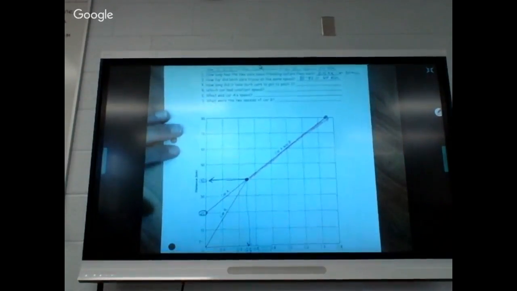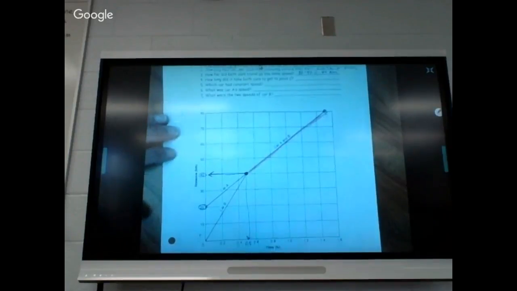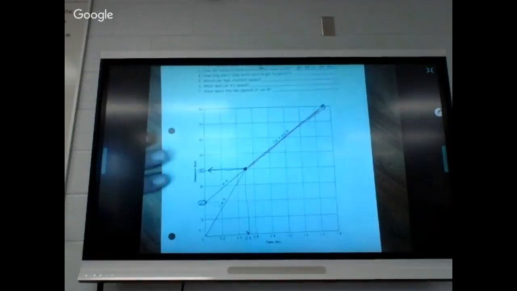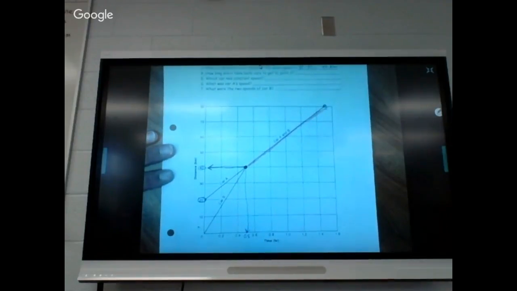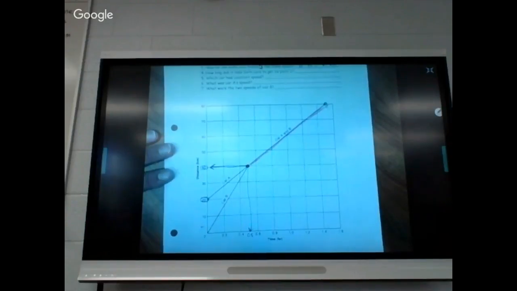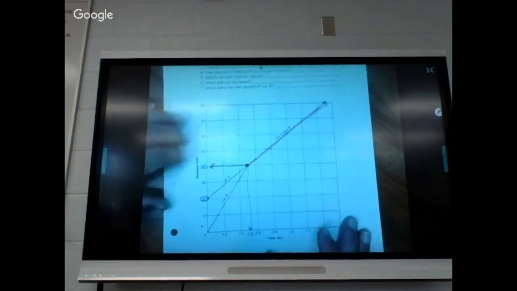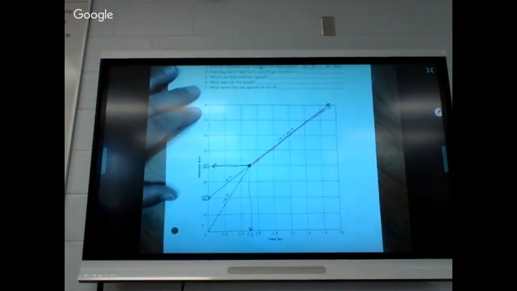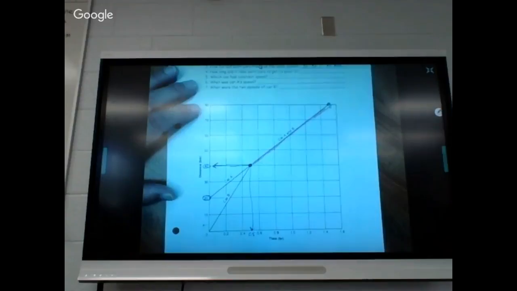Now, how long did it take both cars to get to point C? An hour. 2 hours. Now, I think this question is a little vague myself. Are they asking you, how long did it take both cars to get to point C traveling at the same speed?